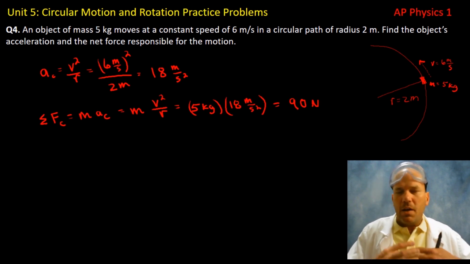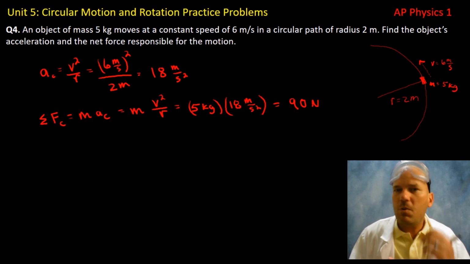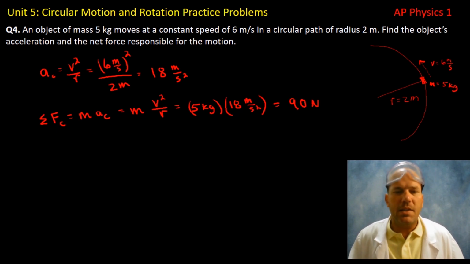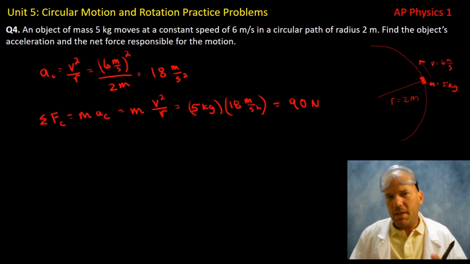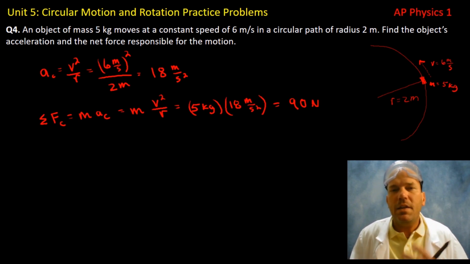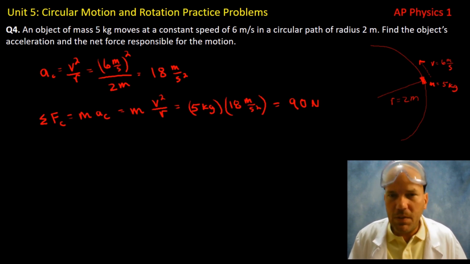Really that's all we need to find the net force, because there is only one inward force in this particular problem. So mass times acceleration, and again, this is the centripetal acceleration solved in part 1, gives us a centripetal force of 90 newtons inward.